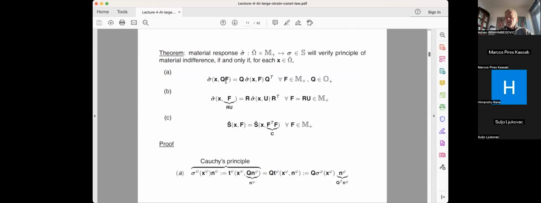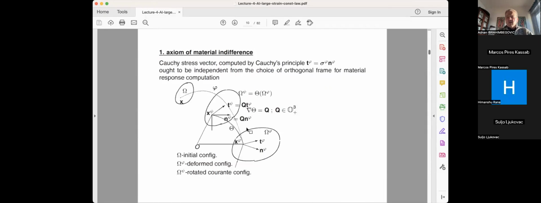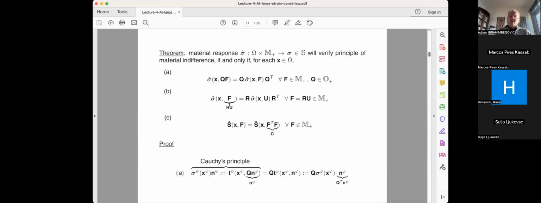We have Q being an orthogonal tensor, which is giving a transformation from this real deformed configuration to some kind of rotating point of view of this deformed configuration. So if you think of that, the space occupied by omega phi and the space occupied by omega psi is the same space. It just has been rotated. So basically, this transformation should go as such.